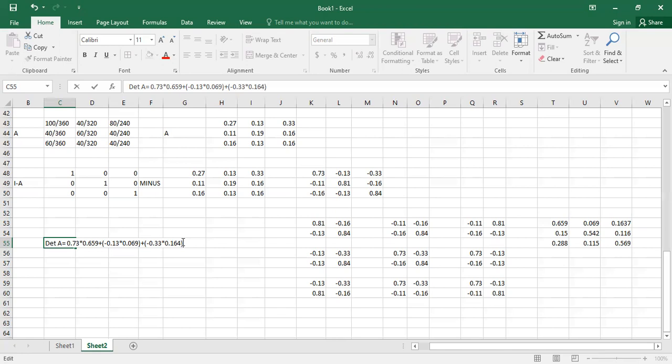Someone had gotten an answer. You need to get the inverse. 1 over the determinant of A will be multiplied by the cofactor matrix that you've gotten here, to give us the inverse.